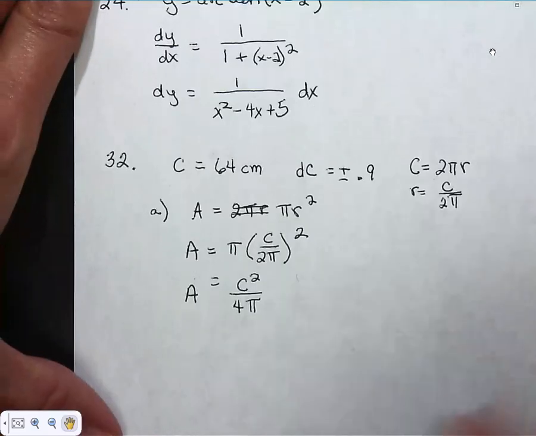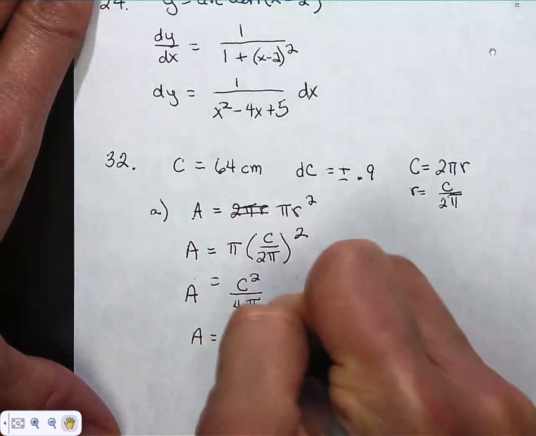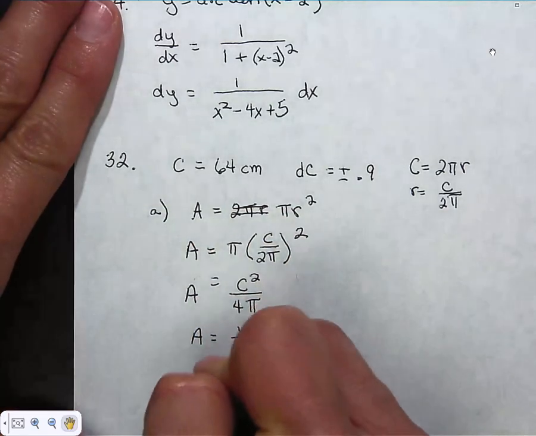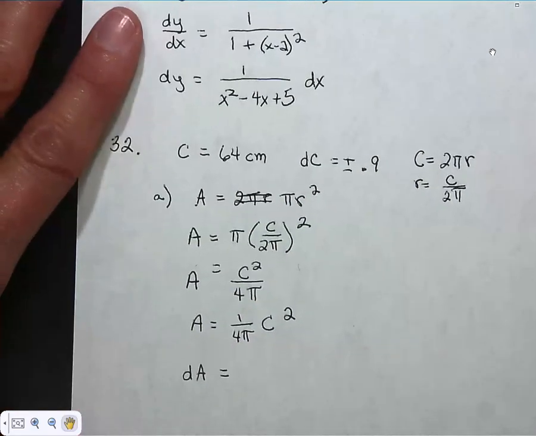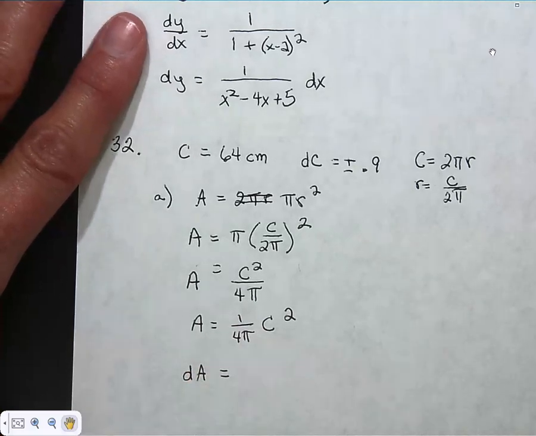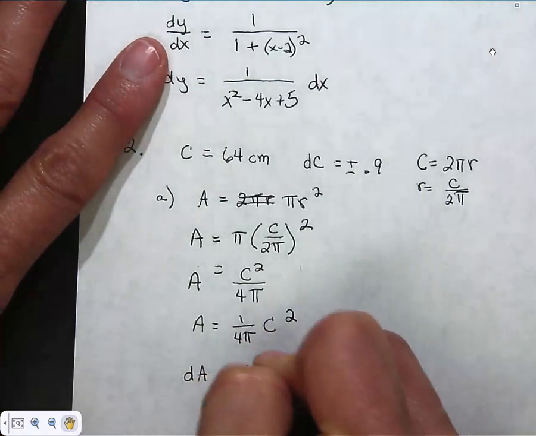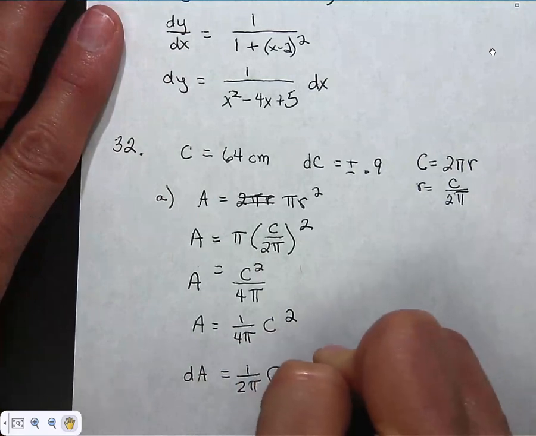Actually, since 4 pi is a constant, just to make sure I don't use the quotient rule, I'm going to put the 1 over 4 pi out front. So what's a formula for the differential in A? What's the derivative of 1 over 4 pi times C squared? 1 over 2 pi times C times dC.